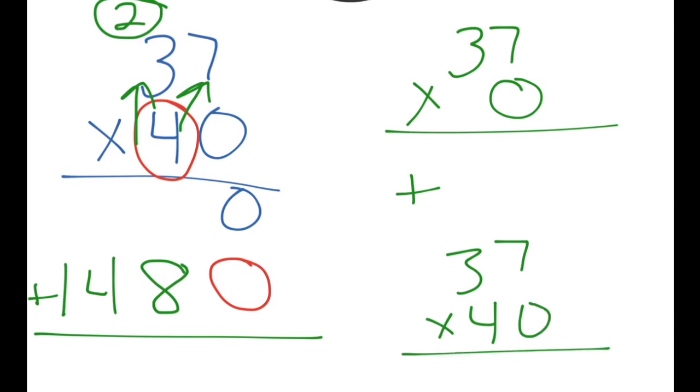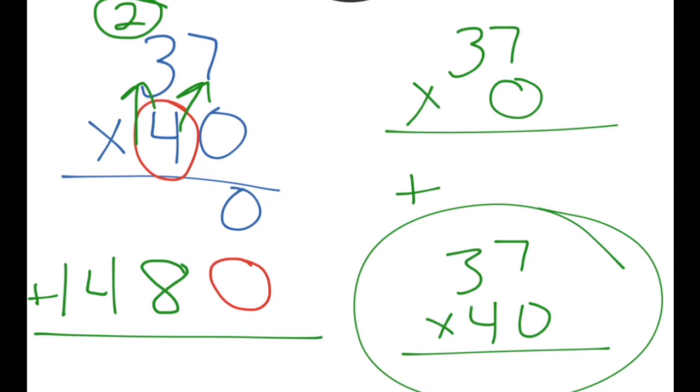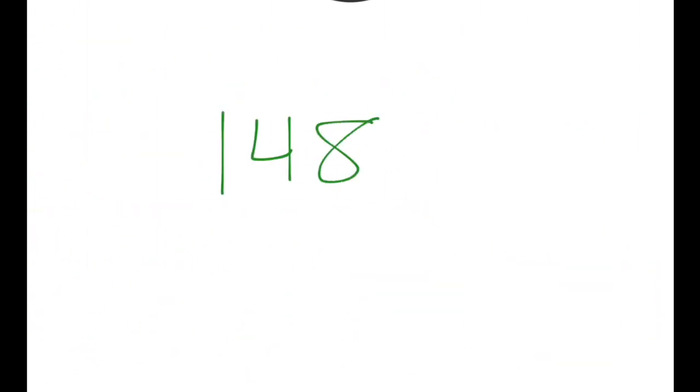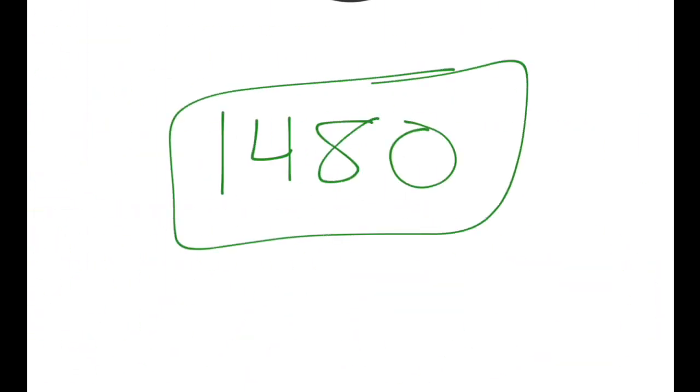But in this particular case, this bottom number is actually just my answer because my ones digit was a 0 here. So I'm going to get a final answer of 1,480.